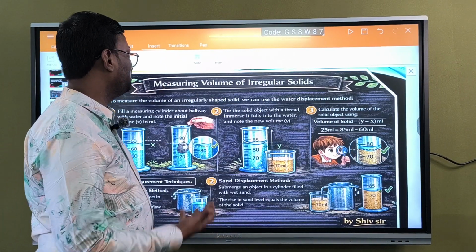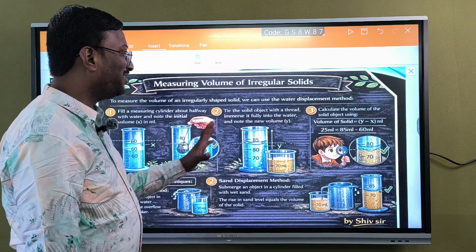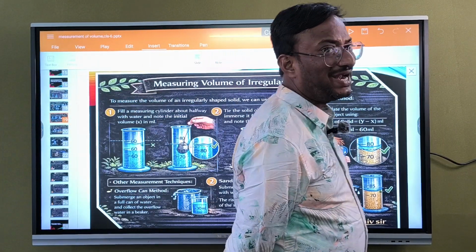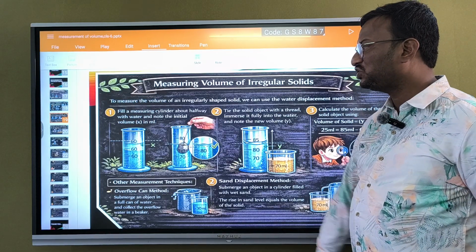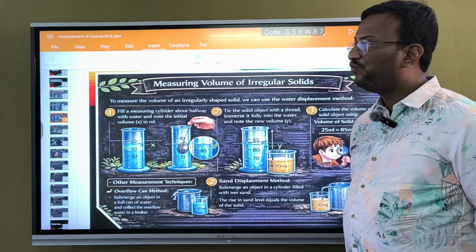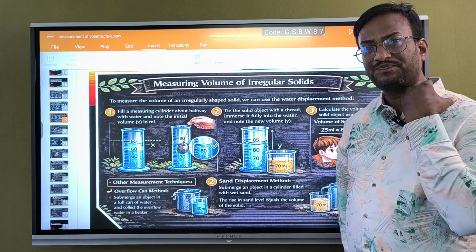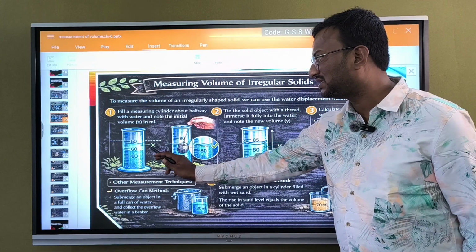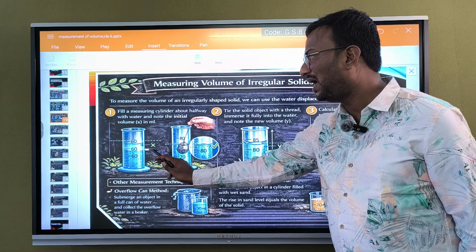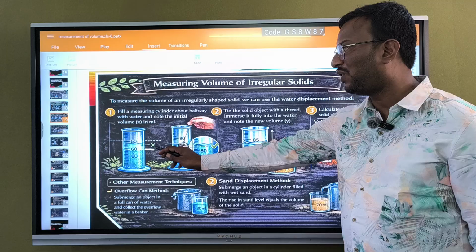And the next thing is measuring the volume of irregular solid. In order to measure it, first we have to take a cylinder and fill it half with water, like this, half. And mark the position of water.